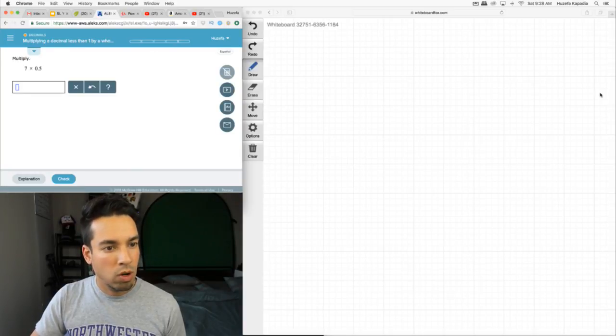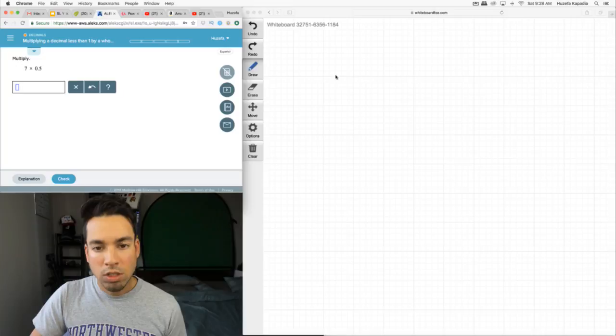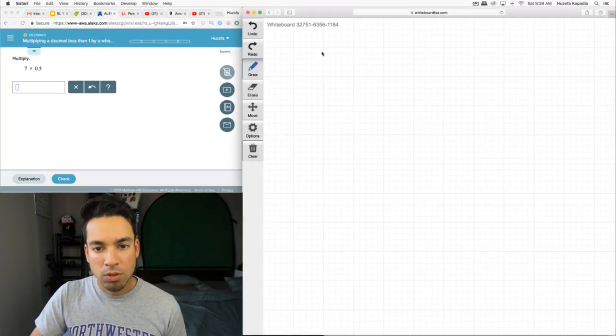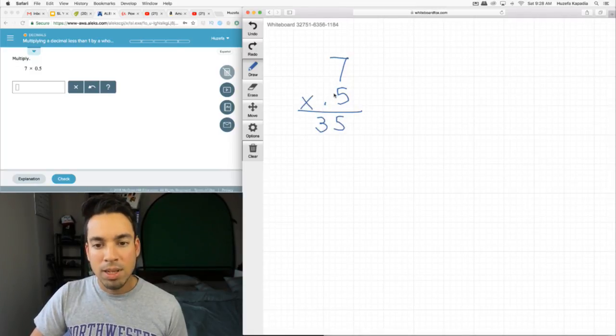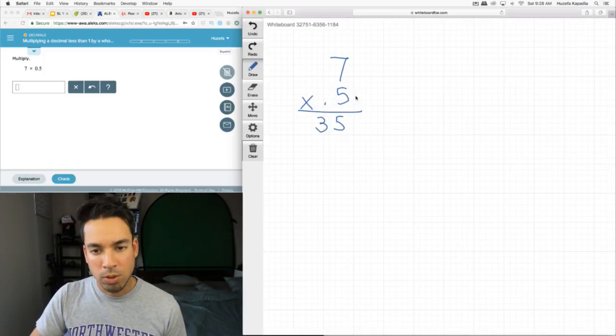Multiplying a decimal less than 1 by a whole number. All right, when we multiply decimals with whole numbers, we want to do it just like normal multiplication, right? What's 5 times 7? It's 35. But then we look and see how many digits are to the right of the decimal in all the numbers here. Here we only have one digit to the right of the decimal in these numbers.